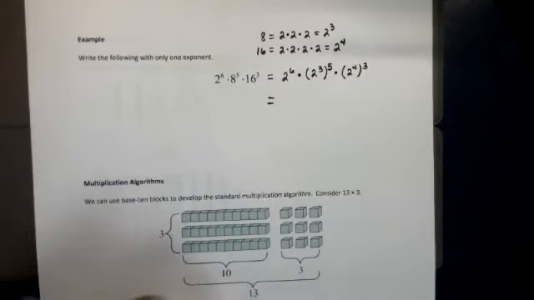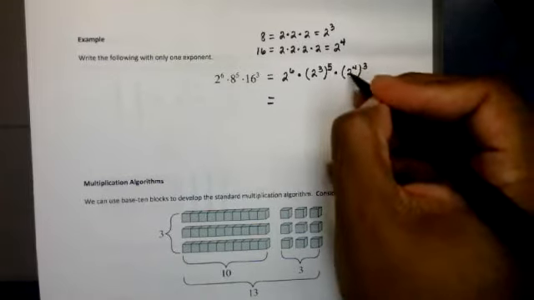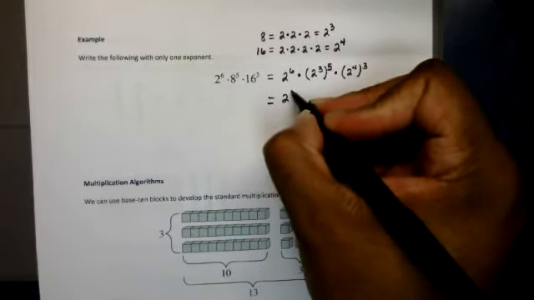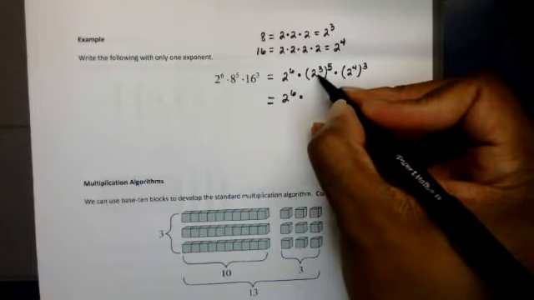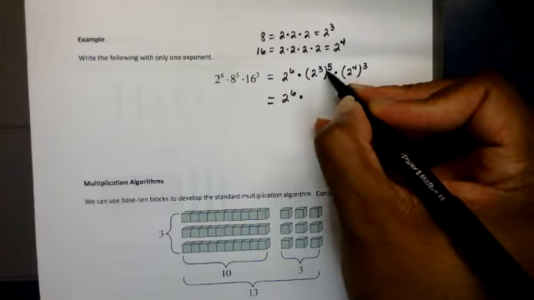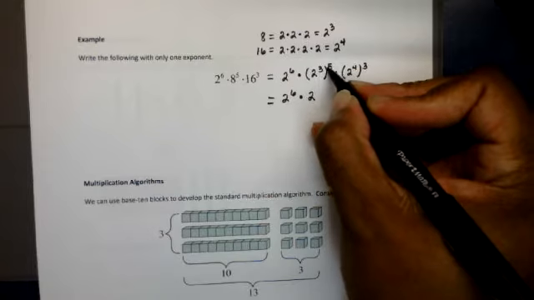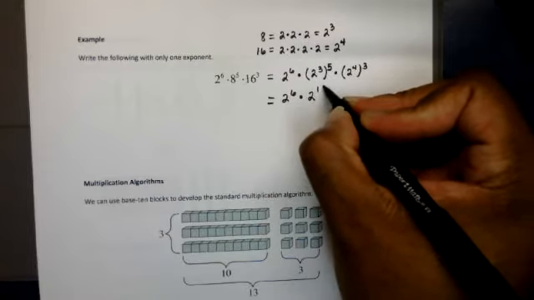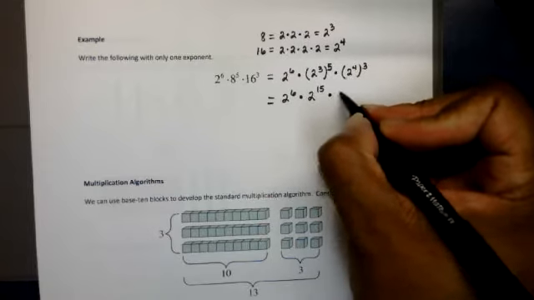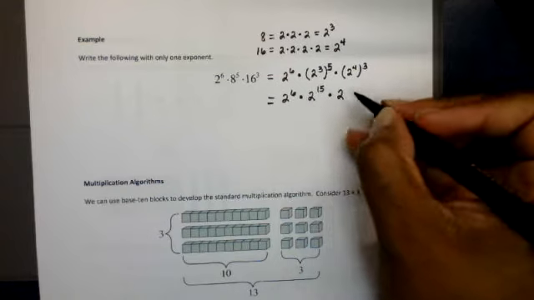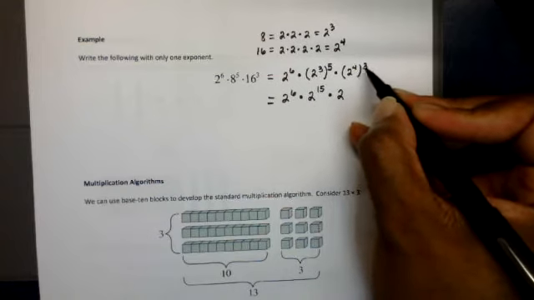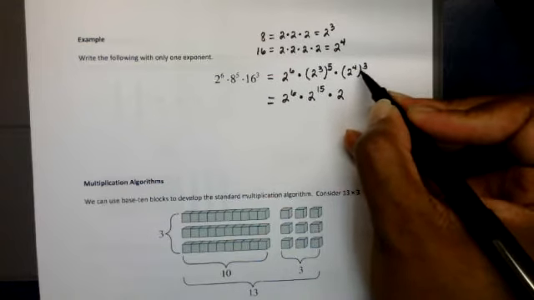And here I'm going to use the power rule for exponents on these two right here. So let me bring down 2 to the 6th. And here I'm raising a power to a power so I can multiply those exponents. So I bring the base of 2 down, multiply 3 times 5, that's 15, times, bring the 2 down here, I'm raising a power to a power again, multiply your exponents.